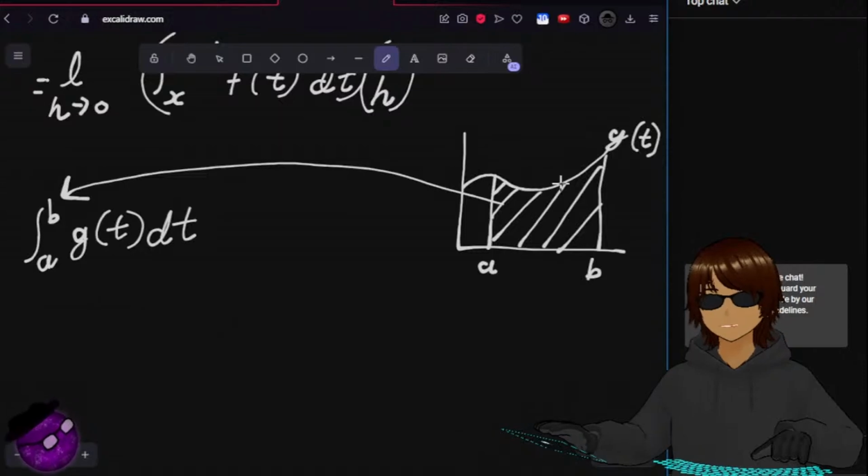Suppose I have an average G of t, which is like over here. Yeah, I should draw a line. This is like G of c, c.